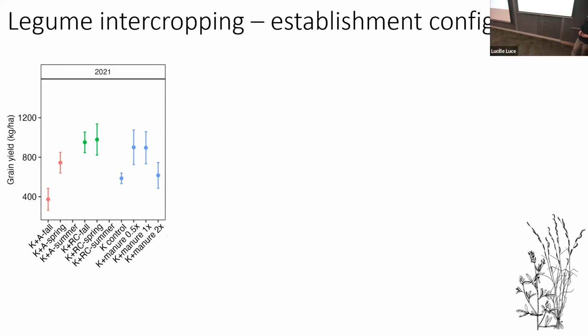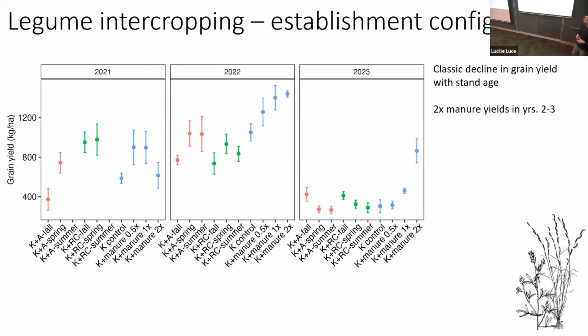Year 1, pretty similar yields for some of these intercrops compared to the fertilized rates. We see this nice classic curve of increasing nitrogen fertilizer rate. You get more yield. And we're seeing yields exceeding those of the intercrops in year 2. And then we also see this classic decline in grain yield by the 3rd year. And this is ubiquitous in a lot of our experiments.